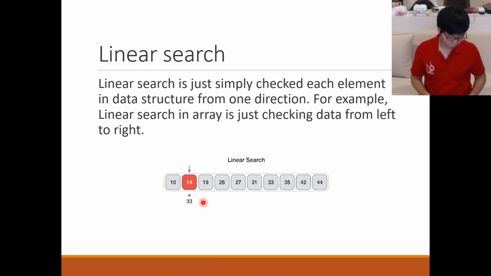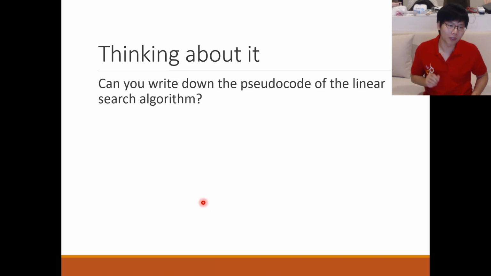Thinking about it more and more, I have a couple of questions for you to think about. Can you write down the pseudocode for the linear search algorithm? That might be something we can talk about in the Q&A session. Maybe right here you can pause the clip and try to do it by yourself.